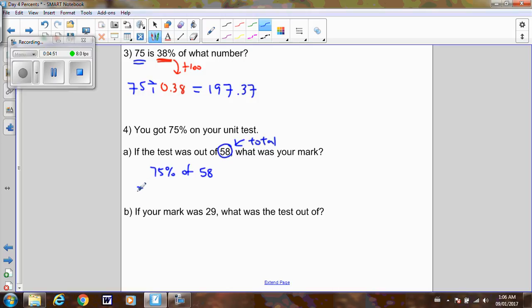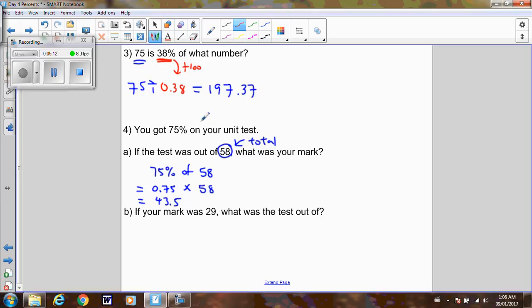To do that, you convert it into a decimal. So 0.75 of means multiply 58. If you did that, you're going to get the answer 43.5, and that means you got 43.5 marks out of 58 on this test.